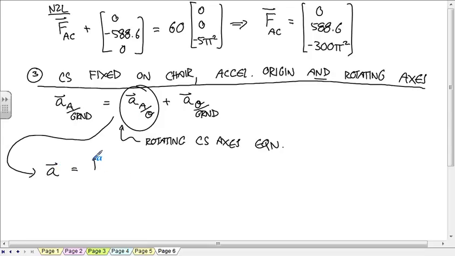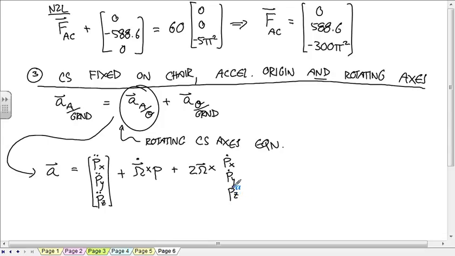It's equal to the components double dot, plus omega dot cross P, plus 2 omega cross components dot, plus omega cross omega cross P.